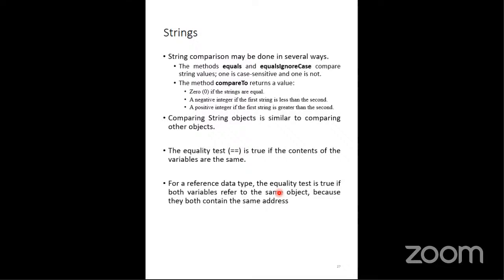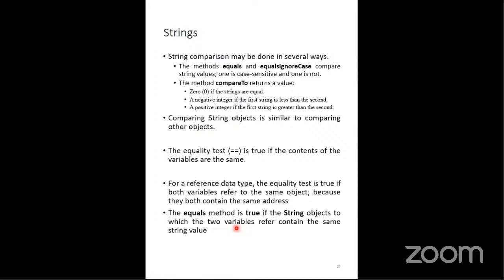Why? Because the address value will be the same. Okay, the equals method returns true if the string objects of the two variables contain the same string value. It means that the equals method returns true if and only if the two strings are content wise the same.